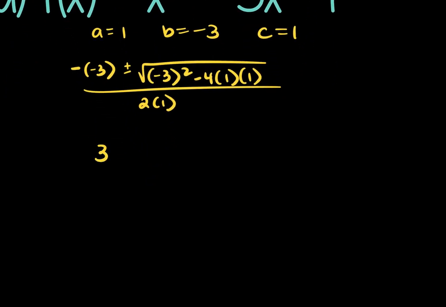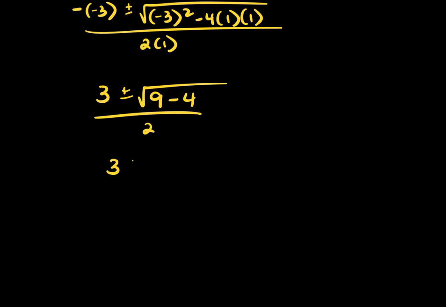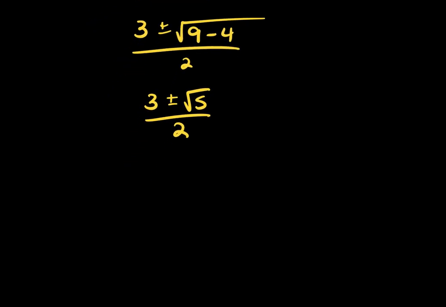And I get 3 plus and minus the square root of 9 minus 4 over 2. 3 plus and minus the square root of 5 over 2. Because we're going to write this as a product of linear factors, I'm going to separate these out. This is really 3 minus root 5 over 2 and 3 plus root 5 over 2.